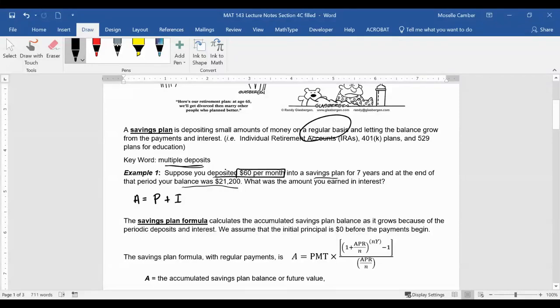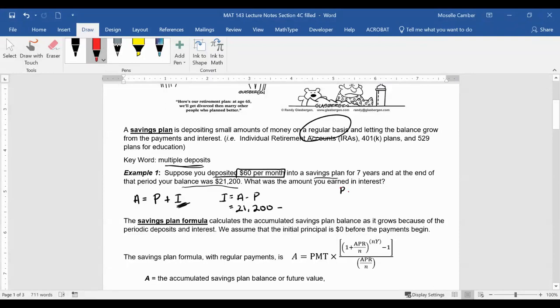So if we want to know for this one the amount you earned in interest, our interest is going to be the ending balance, our accumulated balance, minus principal, what we put in. So in this case, our accumulated balance, it tells us, is $21,200. Now principal is not 60. We put in $60 per month.